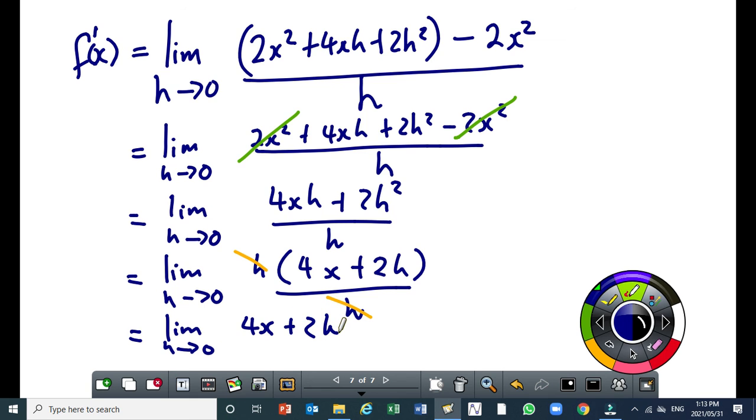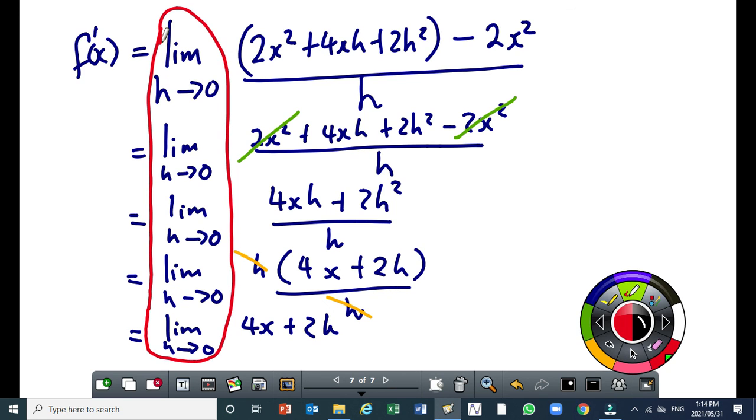Right? Now you can substitute. The moment you decide to substitute, you then have to stop writing the limit as h tends to 0. So this must be stopped when you decide at that moment, okay, now I want to substitute h equal to 0.